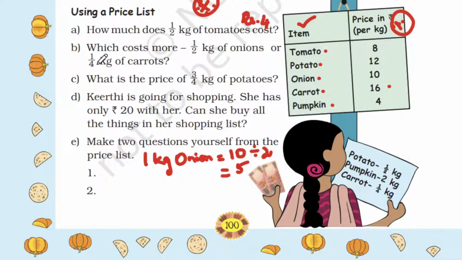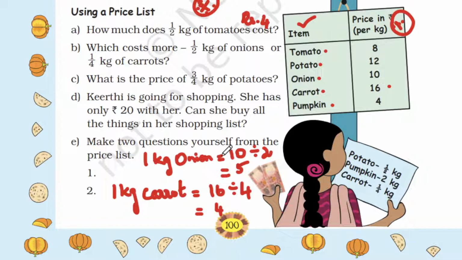Next, 1/4 kg of carrot. 1 kg of carrot is equal to 16. So for 1/4 we have to divide it by 4, which is 4.